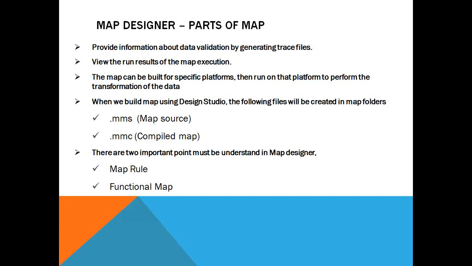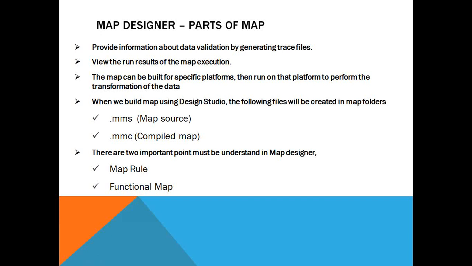Okay, clear? And when you build a map, the following files will be created. When you build a map, the .MMC is the compiled version. But when you build a map for another operating system, the extension will be different. Suppose you build a map for IBM AIX, it will be created with .AIX.